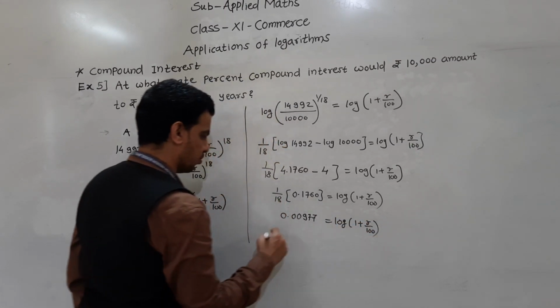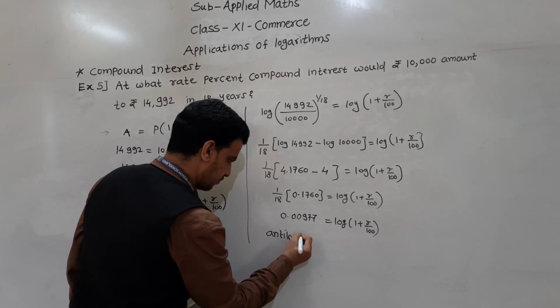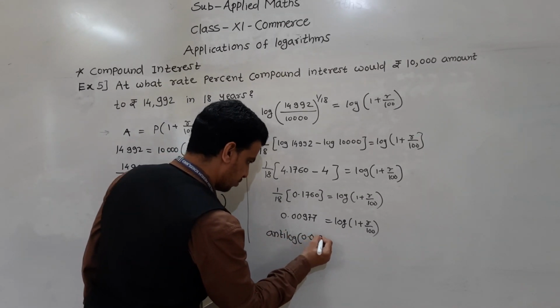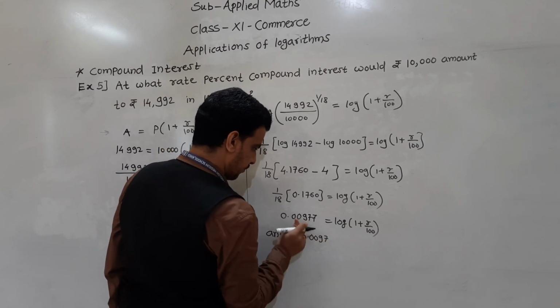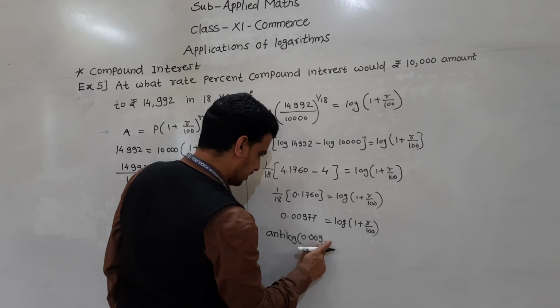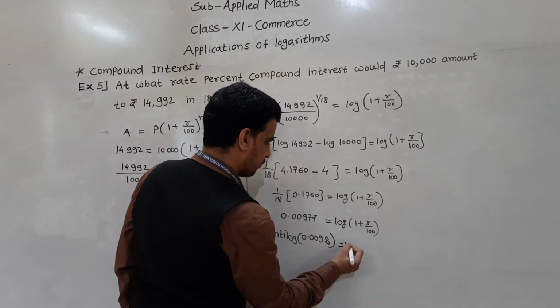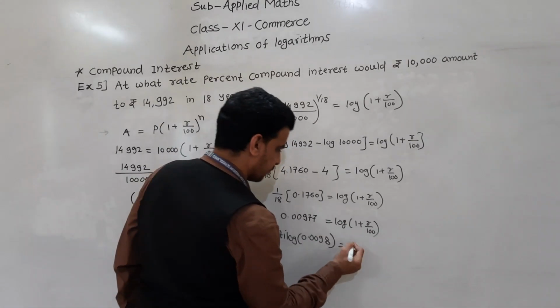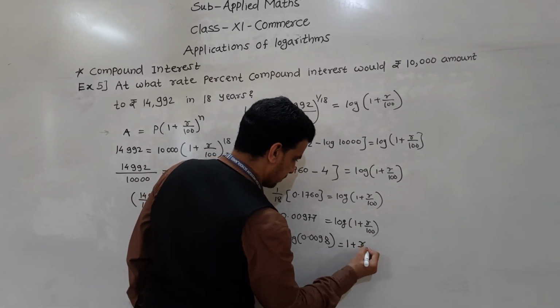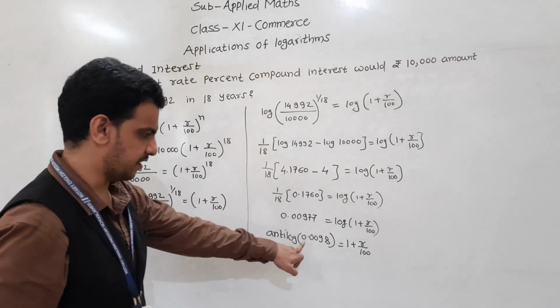Now take anti-log on both sides. So anti-log of 0.0097, or if we round it off, 0.0098, is equal to... if we take anti-log on both sides, this log will get cancelled, so 1 plus r by 100. Now find anti-log of this. Your characteristic is 0.